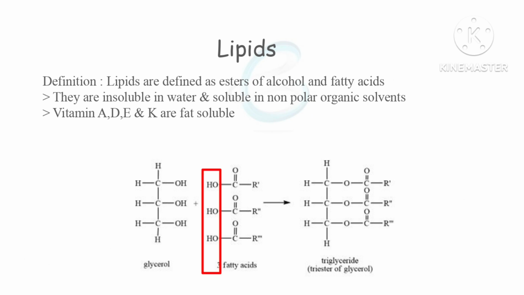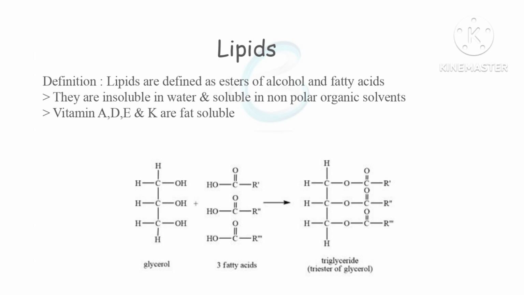The hydroxyl group of the fatty acid combines with a hydrogen ion of glycerol and forms a water molecule, which is released, and a linkage forms between the glycerol and the fatty acid molecule, C-O-C, which is known as an ester, and the process is known as esterification. That's why lipids are also defined as esters of alcohol and fatty acid.